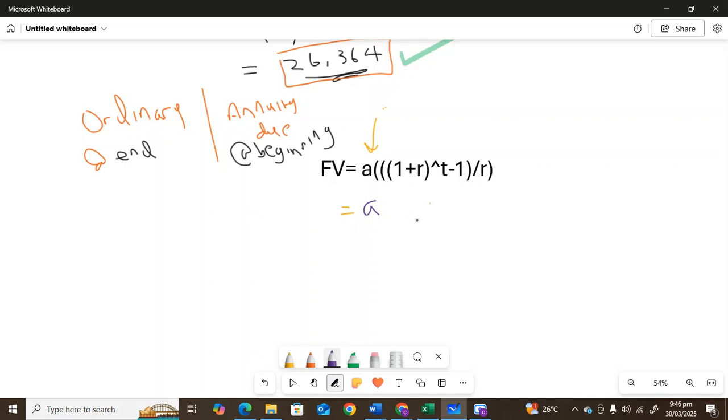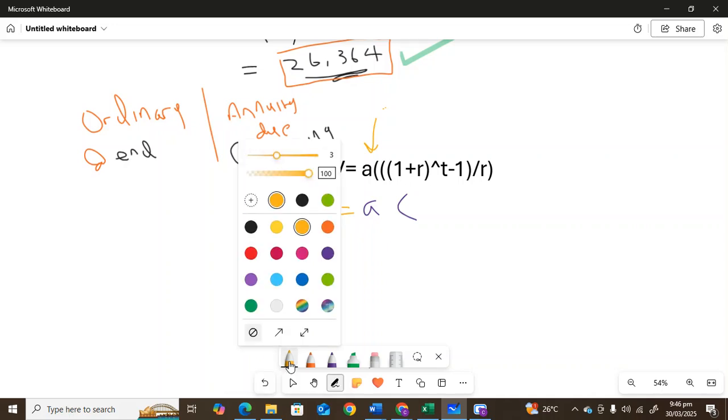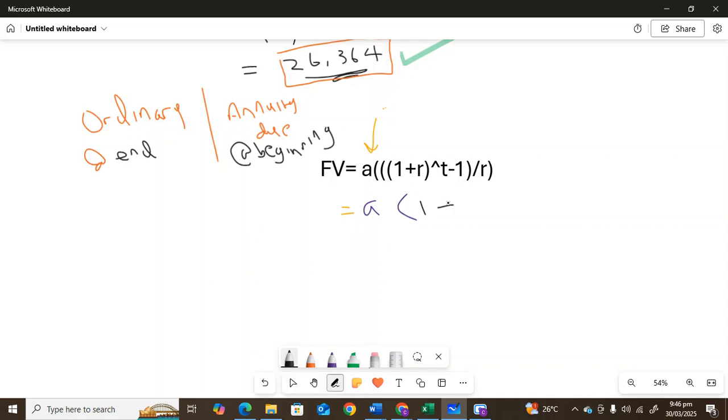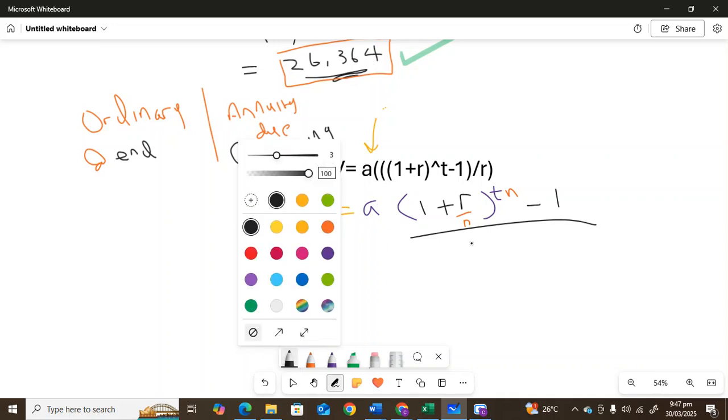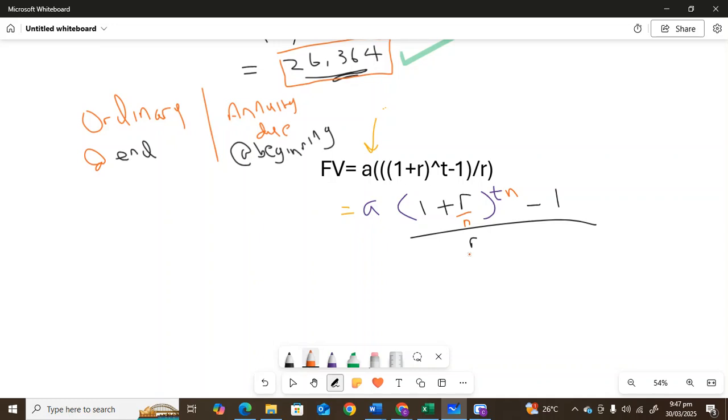Whenever there is compounding, always divide the rate by the number of compoundings, and multiply the time by the number of compoundings, to the power t times n. Now here it's compounded annually.